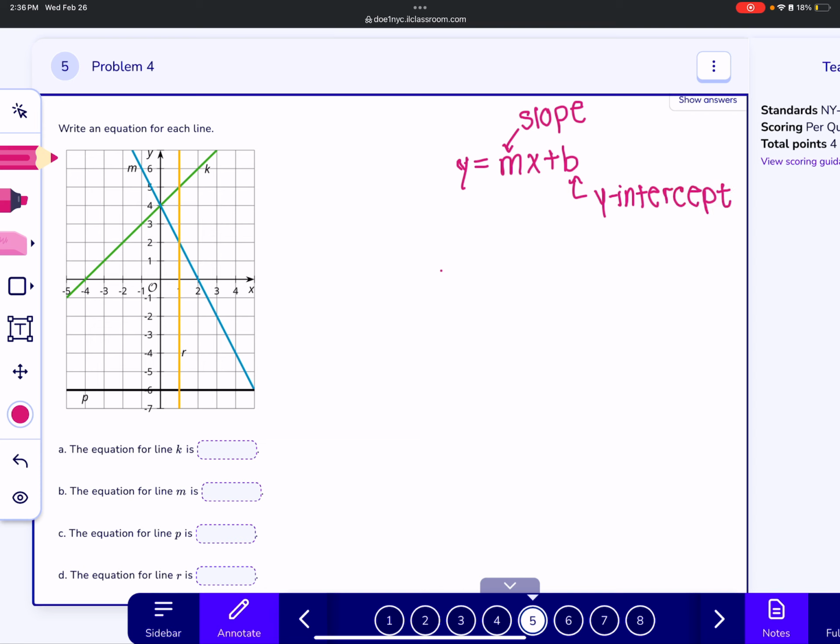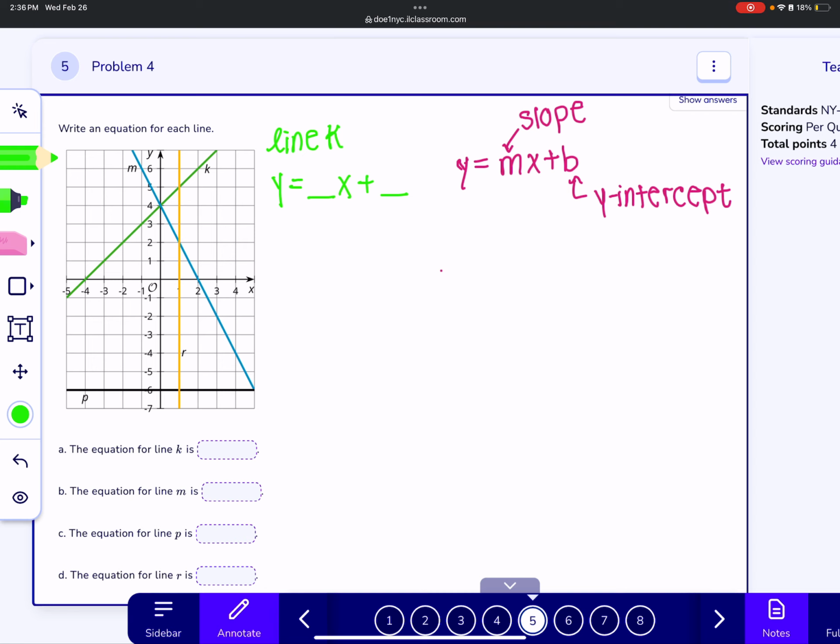Now we are going to focus on line K, and I'm going to keep everything in green. Now for line K, we already know that our y and our x are going to stay the same in this equation, but we need to fill in the slope and the y-intercept.